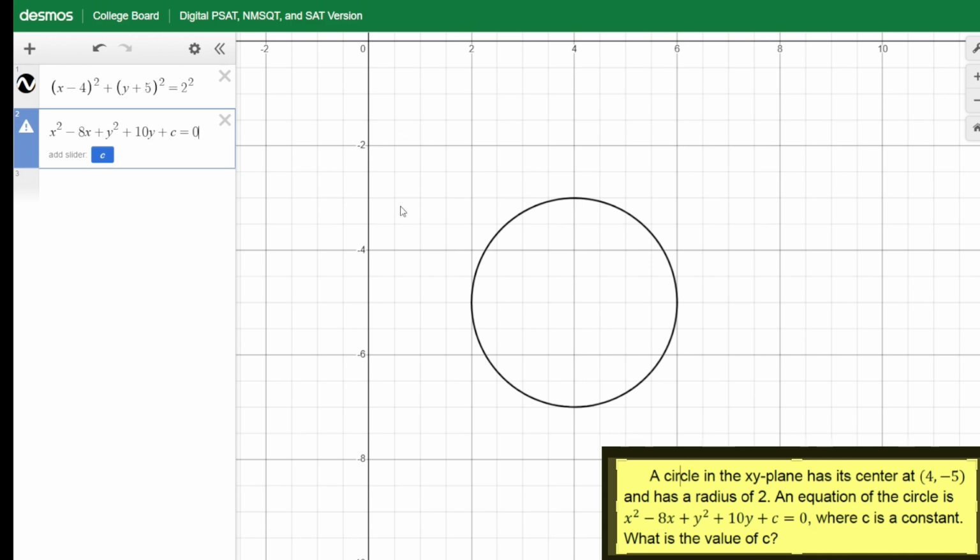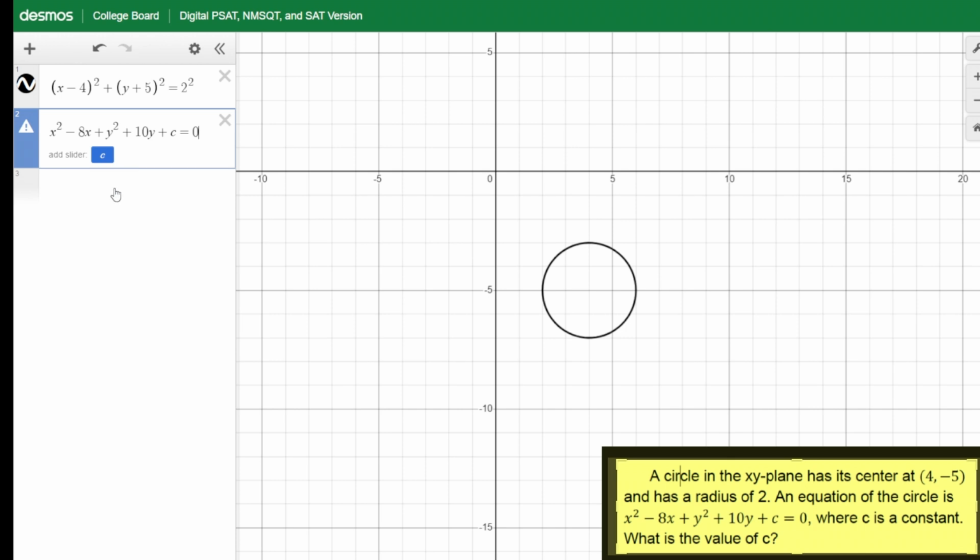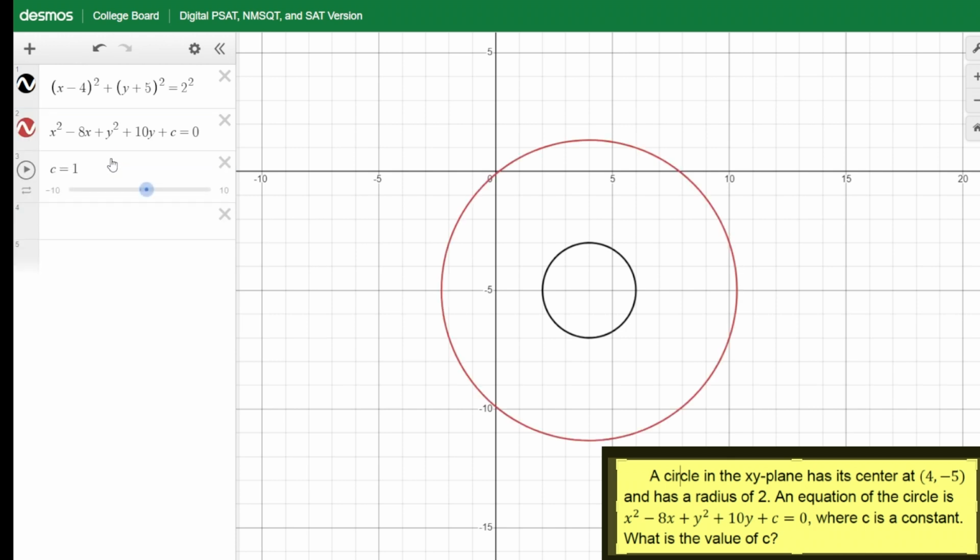Okay, so nothing has shown up. The reason nothing has shown up is we haven't selected a slider, and we have to select a slider by clicking c here, and you can see that the red circle is a bigger circle because c right now is just 1.